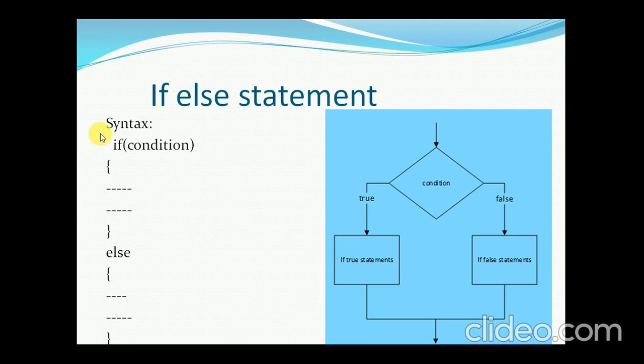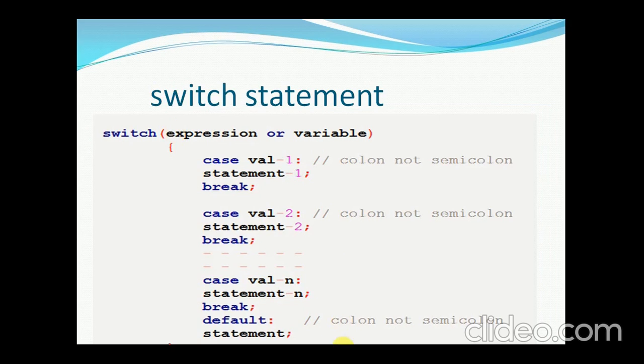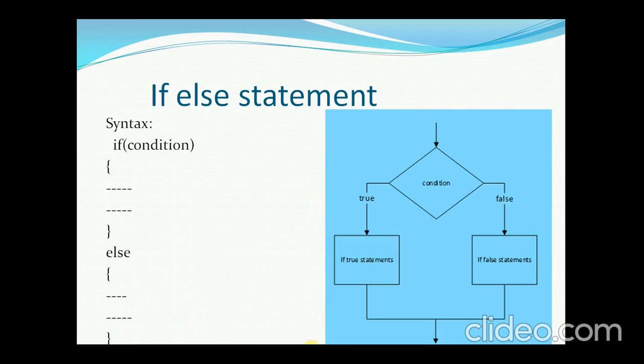First of all I'm discussing the syntax. What is meant by syntax? Syntax is nothing but it should follow a rule, as we did in the structure. What does structure mean? It should follow a structure so that the compiler will understand.